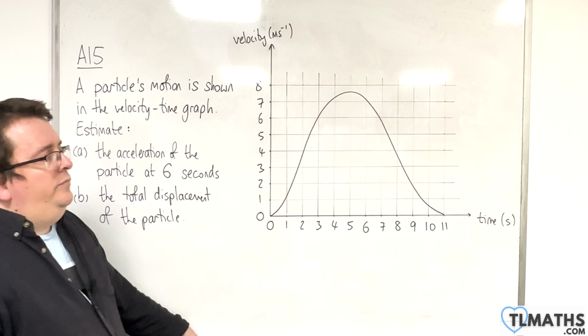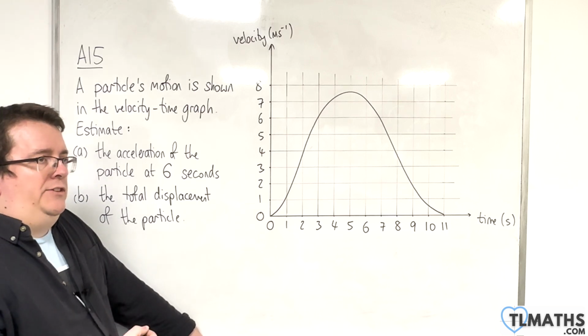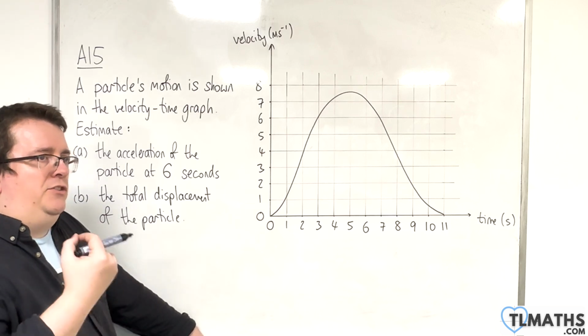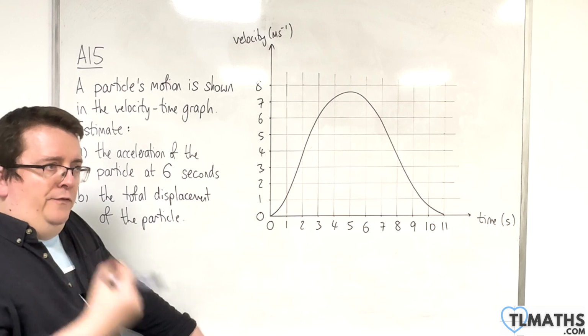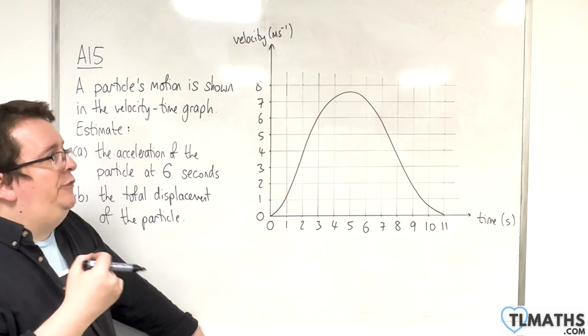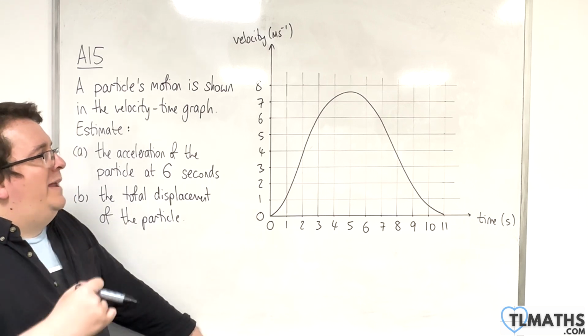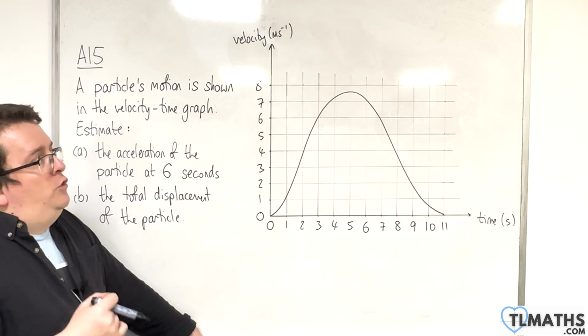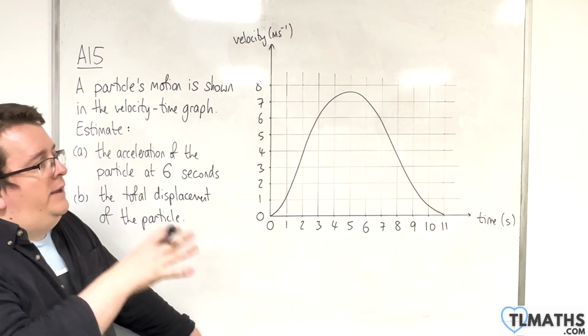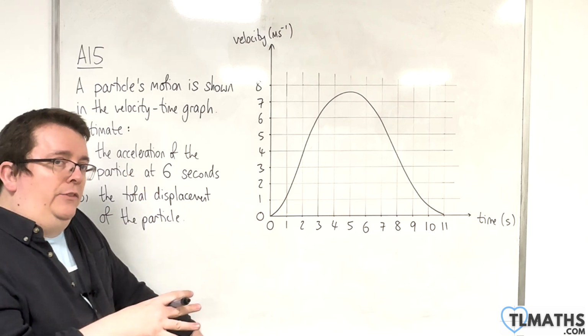So we've looked at scenarios where we've got to estimate the gradient of a curve, in the first couple of videos in this section. So we have that skill. One thing you've got to keep an eye on is the scale of the axes here.